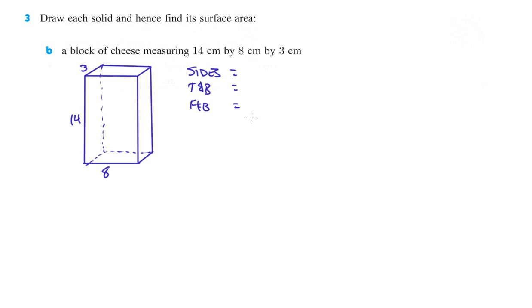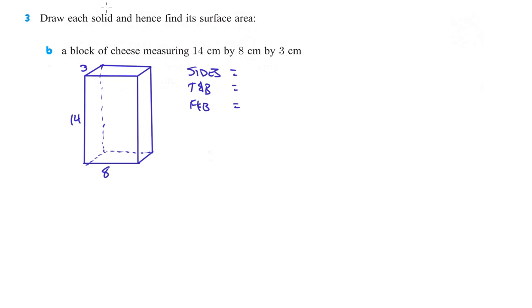So we'll find each of those, and we'll add them all up, and we'll double them because each one of those has 2, and that will be our total surface area, okay? So the sides here, let's see, that's going to be 14 by 8. So I'm going to get rid of some of this stuff here, and we'll add that up later.